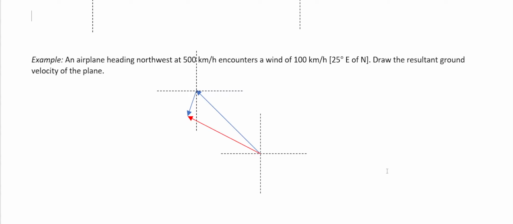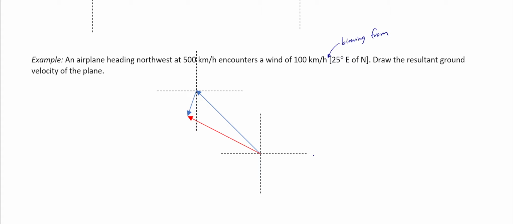An airplane headed northwest at 500 kilometers per hour encounters a wind of 100 kilometers per hour, blowing from 25 degrees east of north. Draw the resultant ground velocity of the plane.